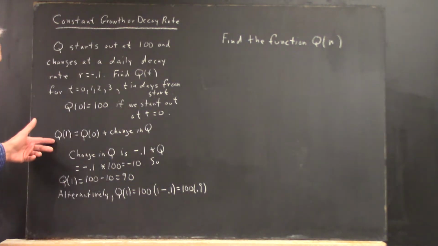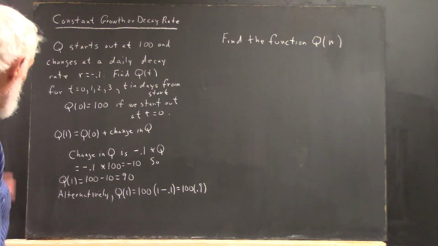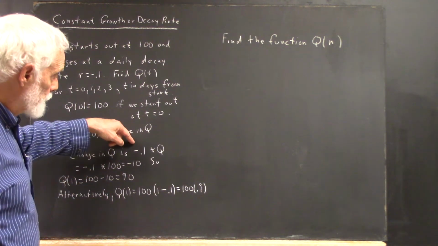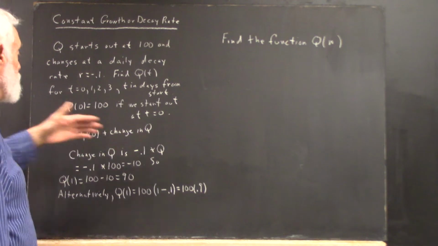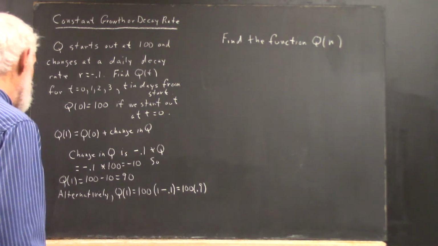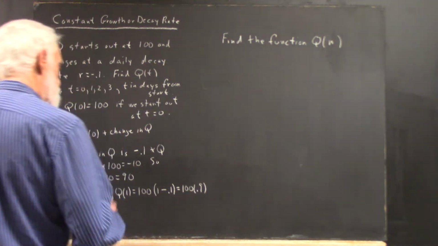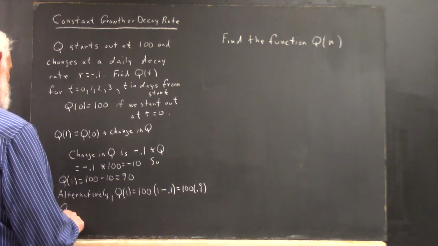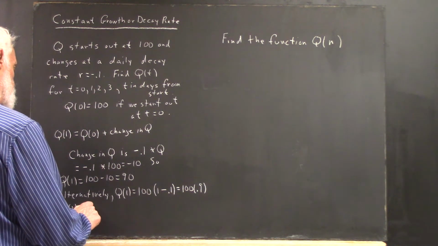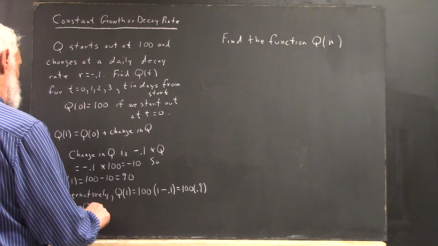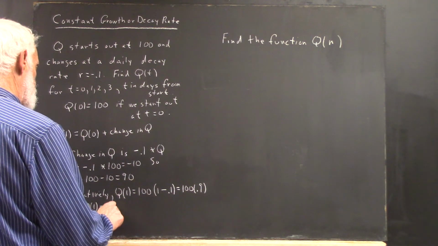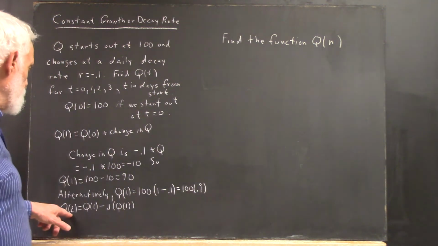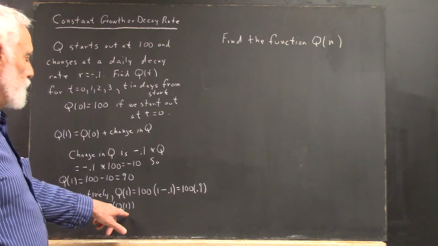Now we could reason out Q of 2. Q of 2 would be Q of 1 plus a change in Q. Change in Q would be negative 0.1 times your Q, and Q would be Q of 1. We can shortcut this a little bit and just say that Q of 2 is Q of 1 minus 0.1 times Q of 1.